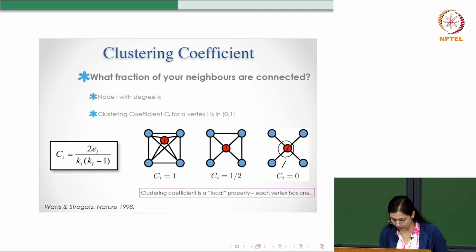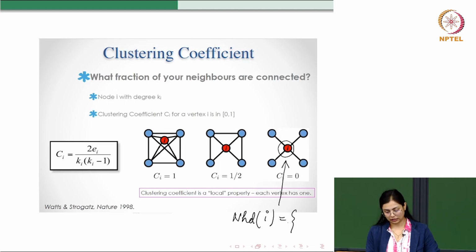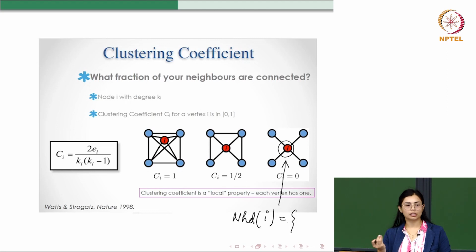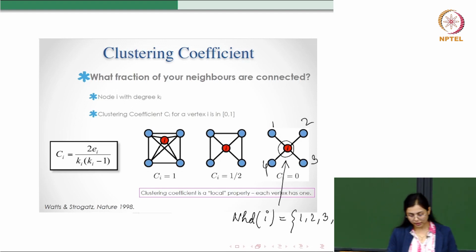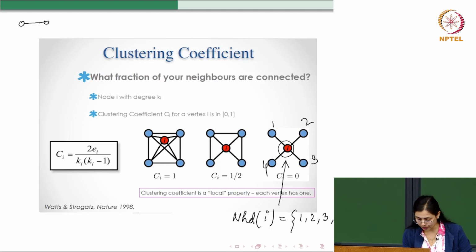For this example, this is a star network. The neighborhood of I is all the nodes which are connected to I. For example, 1, 2, 3, 4. So its neighborhood is definitely 1, 2, 3, 4. Let's take another example.